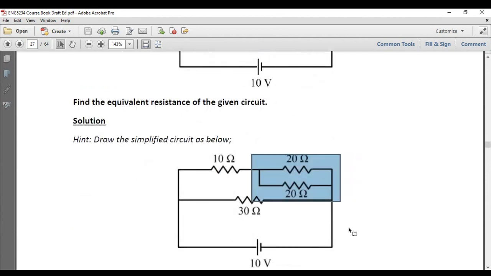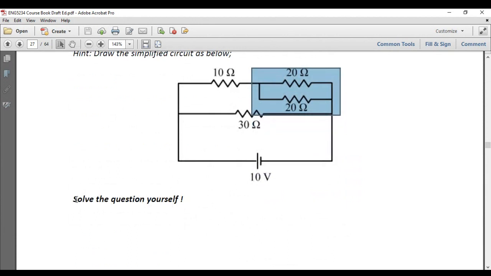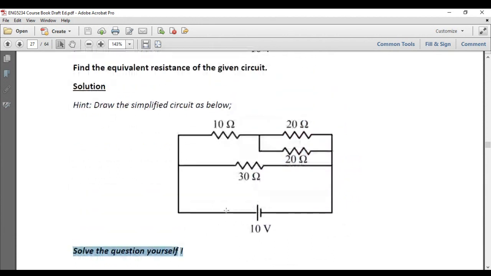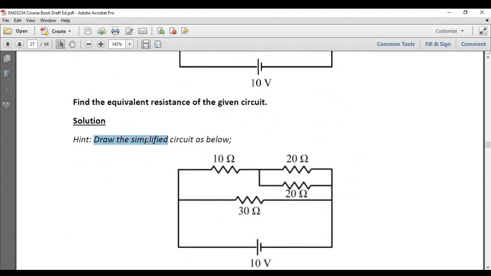Okay, this is an optional example. So if you want to solve this, you can solve this question yourself. I have left this question for you to solve. One I have solved above. This one you can solve yourself. I have also given you the simplified circuit as below.